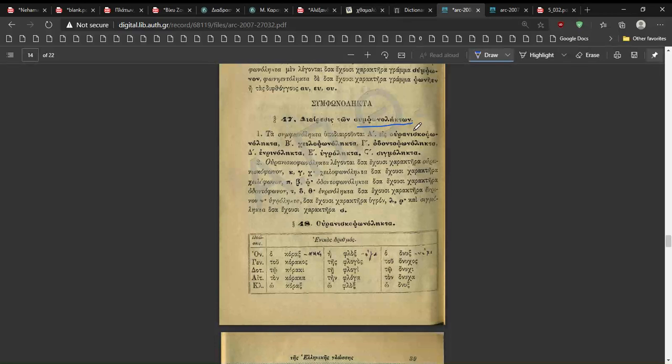So what do you do with these ones? If somebody among you is learning modern Greek, knowing already some ancient Greek, what you have to be careful with is the accusative.